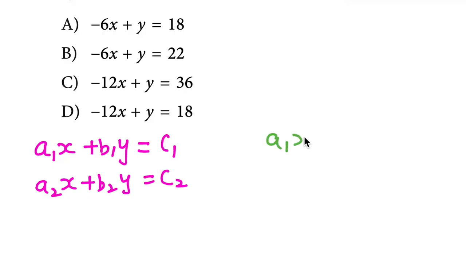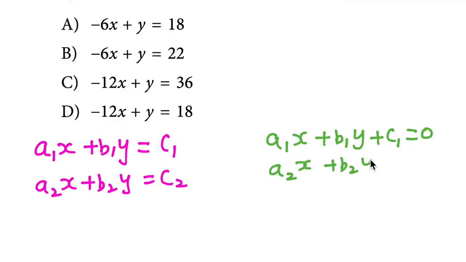Or equations can also be of this form. If the constant is on the left hand side, it should be on the left hand side for both the equations, right? So a1, a2 are the coefficients of x in equation 1 and 2. b1 and b2 are coefficients of y in equation 1 and 2, and c1 and c2 are constants.